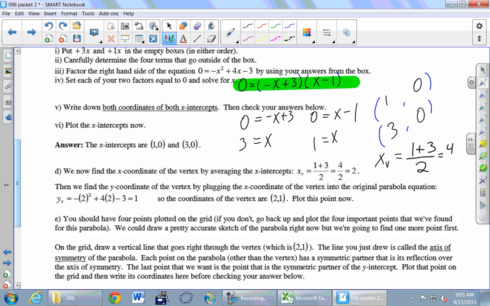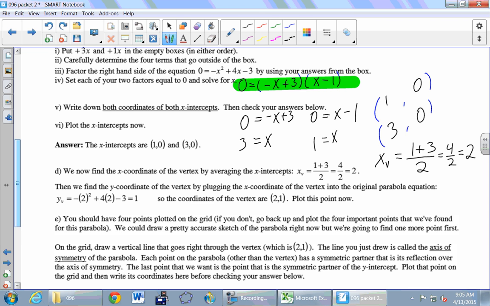And so that gives us 4 over 2, or just 2. For this process, finding the average is dependent on how many numbers you have. But for this process, there's going to be 2 x-intercepts, and so we're going to be dividing by 2 every time. Good question. That's the x coordinate, but we also want to find the y coordinate.